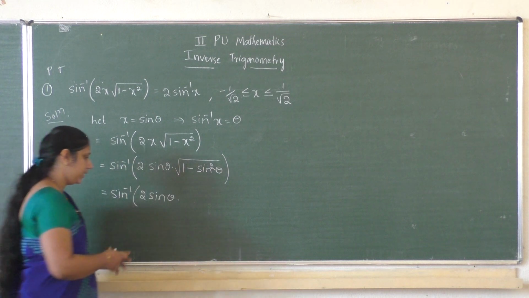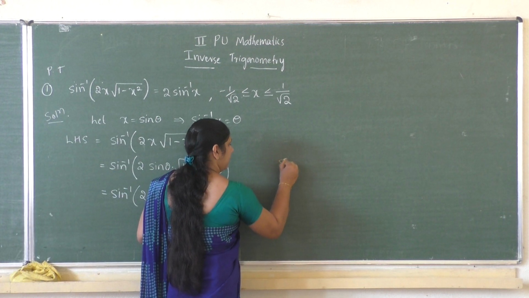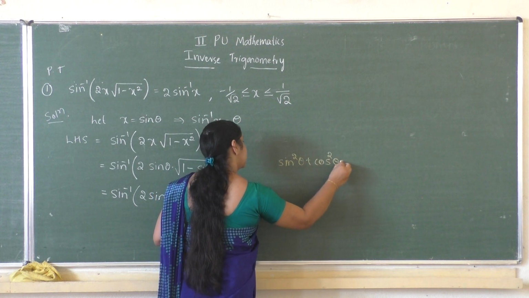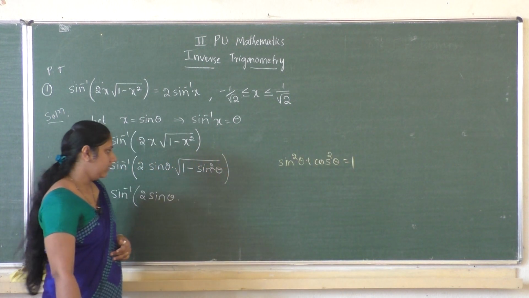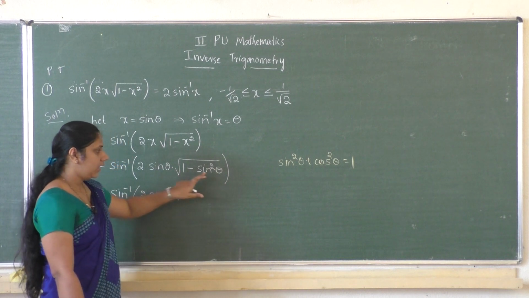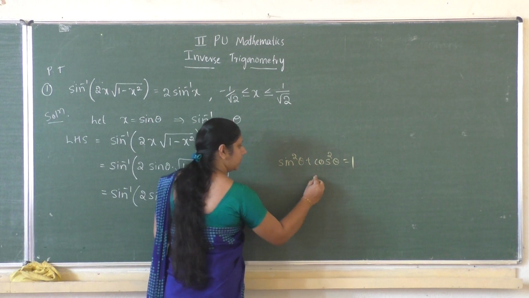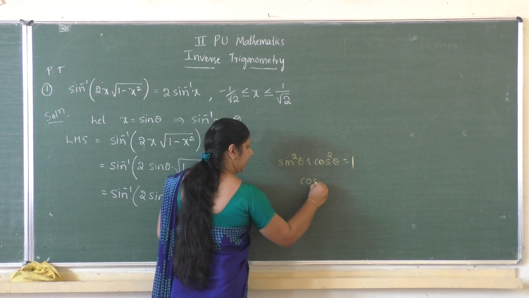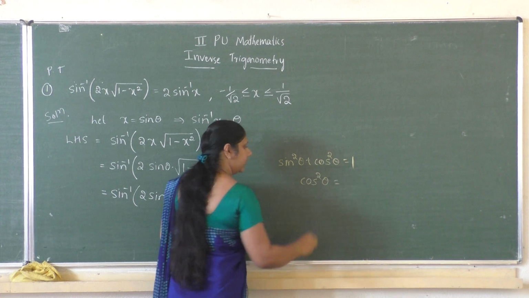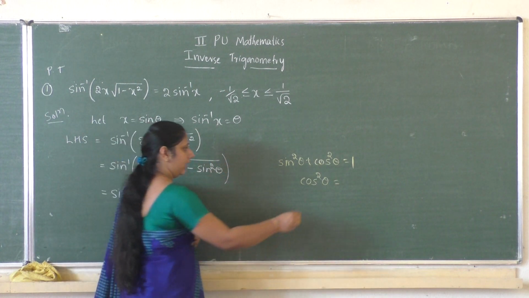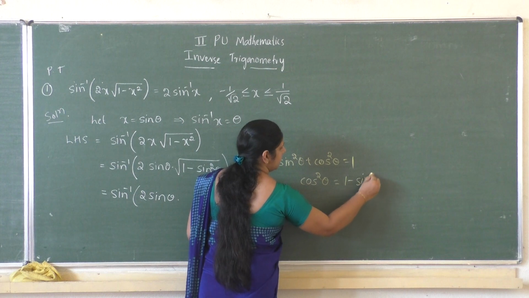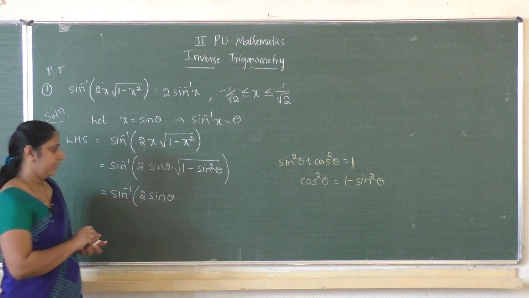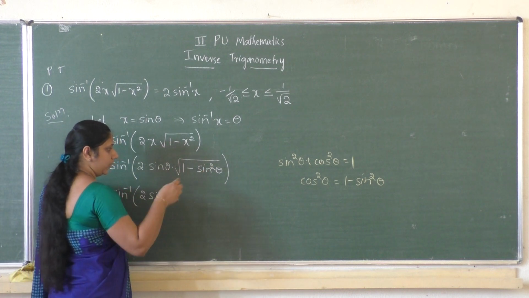We have the trigonometric identity sin square theta plus cos square theta equal to 1. But here we have the term 1 minus sin square theta. So if I take this sin square theta to the right hand side, in left side we have the term cos square theta, and right side we got 1 minus sin square theta.